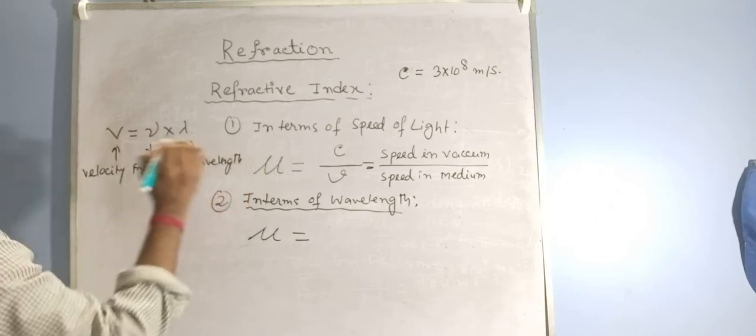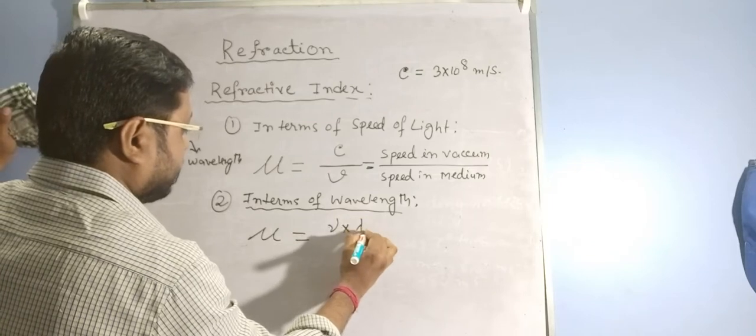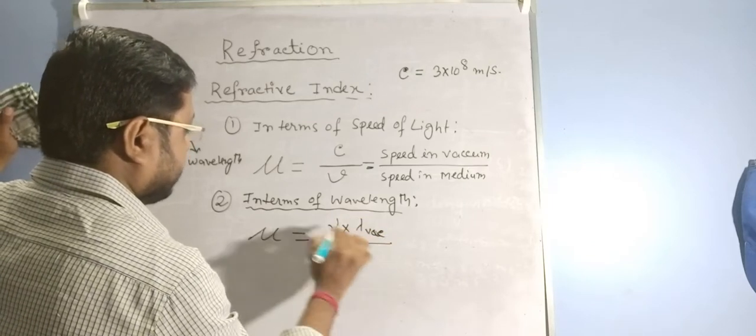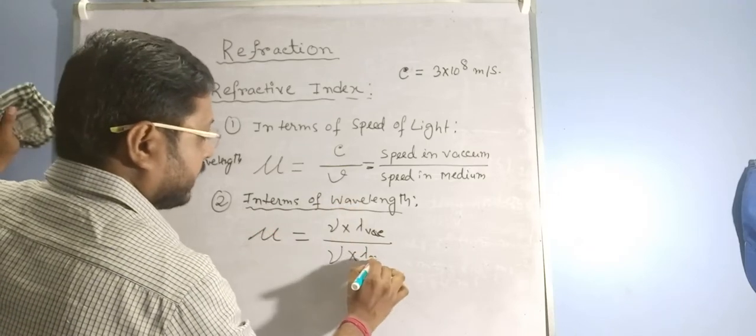From this relation we write c as nu into lambda vacuum and v is nu into lambda medium.